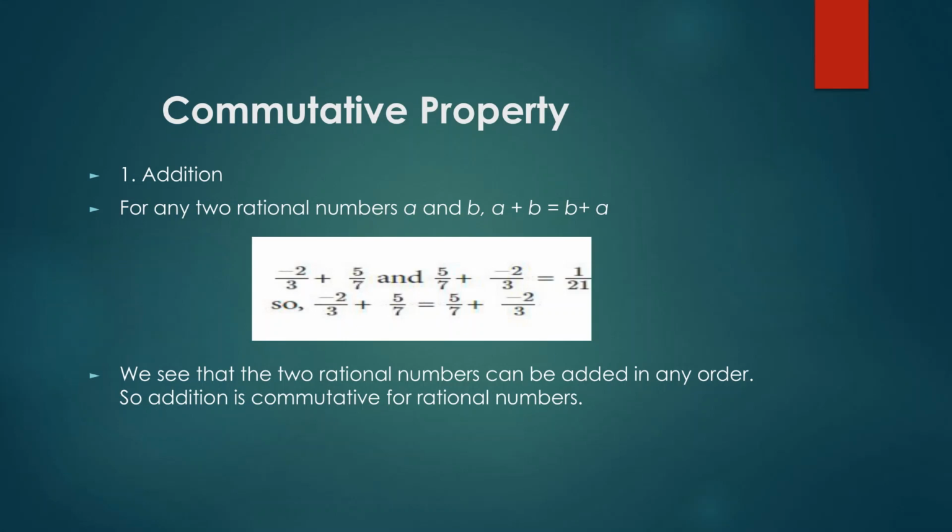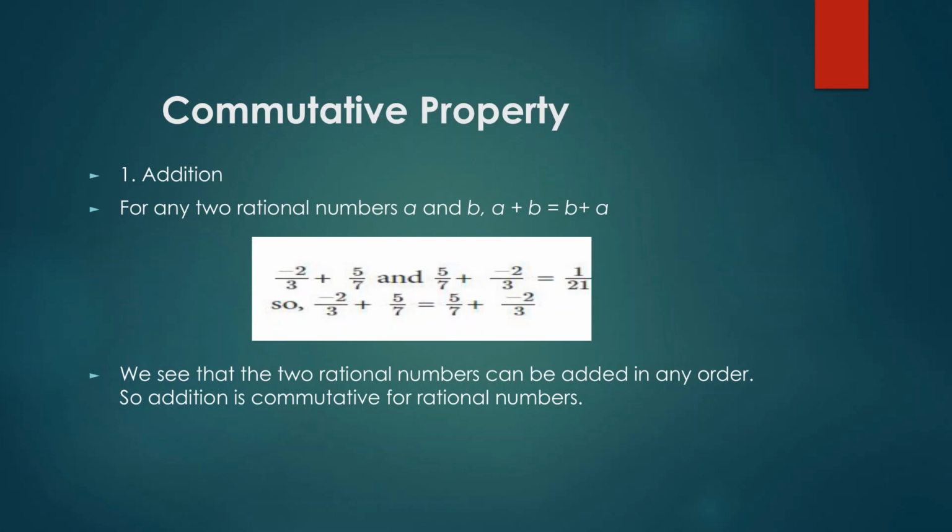If we add both the sides, the sum is the same. So minus 2 upon 3 plus 5 upon 7 is equal to 1 upon 21. The same way, 5 upon 7 plus minus 2 upon 3 is also 1 upon 21. So we can say that both the sides, means LHS and RHS, are equal.